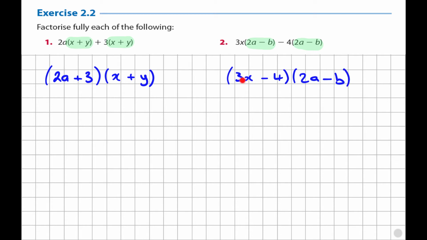Now, if I was to work backwards here, I'd say the first, which is 3x, times everything in the second, minus 4 times everything in the second. So you can see how they link in, right? So none of this should be new at the minute.